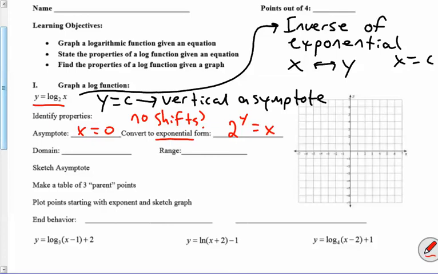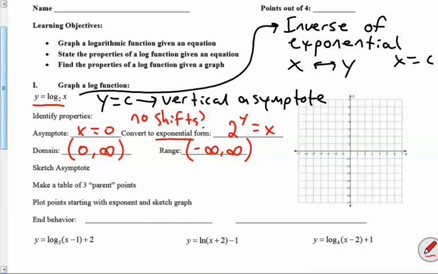That's why the asymptote is very important. So the domain now starts at 0 and goes to positive infinity, and the range is negative infinity to positive infinity. You should notice that these are the opposite of exponential functions. The domain became the range, and the range is the domain from exponential to logarithmic.